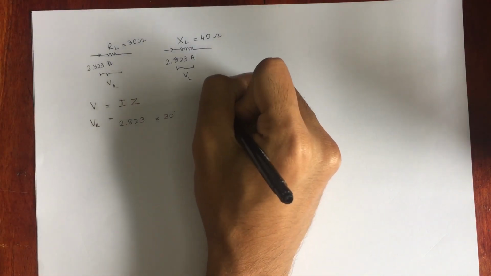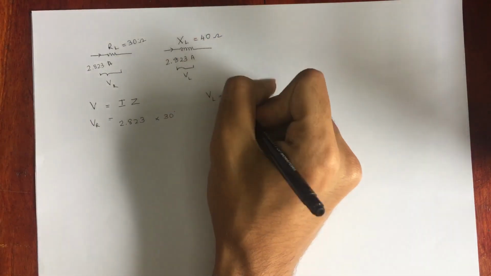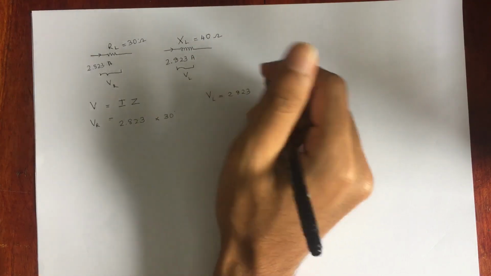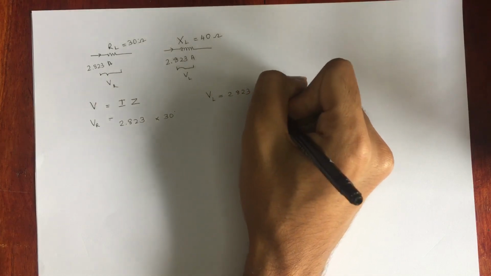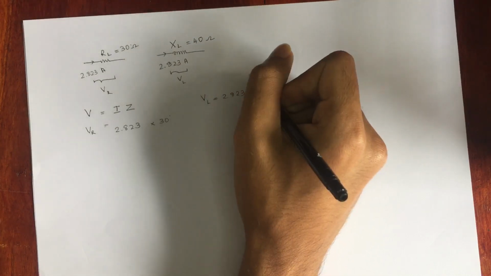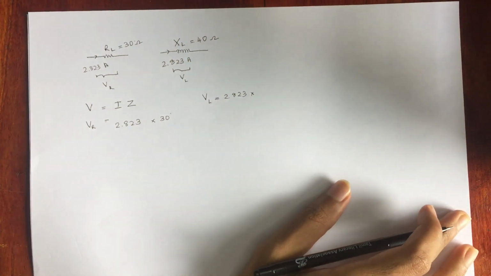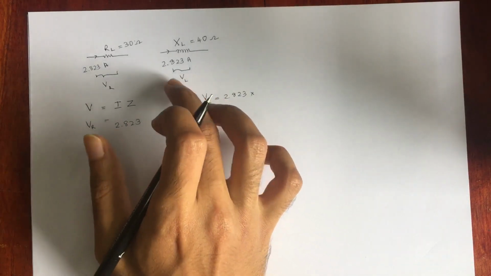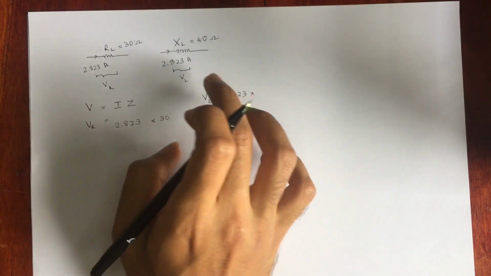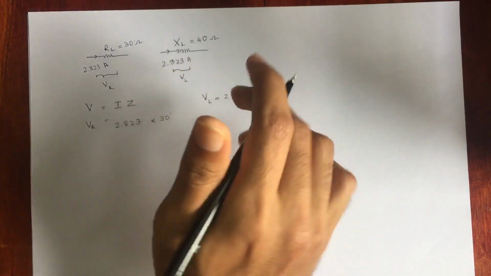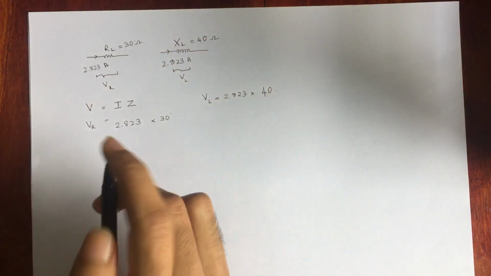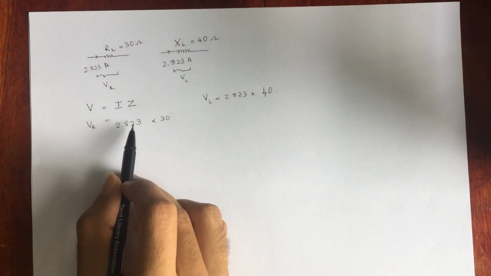And let's say the VL would be I into 2.823, the RMS current for that XL, and after that I'm going to multiply by that Z, which would be 40. So you don't need to use that 83 over here.